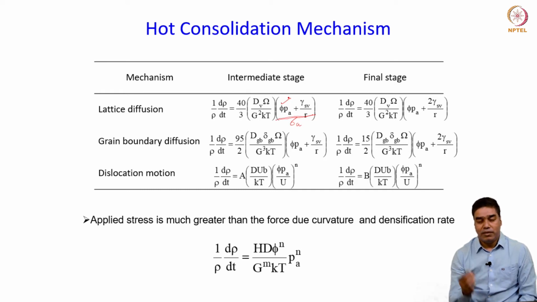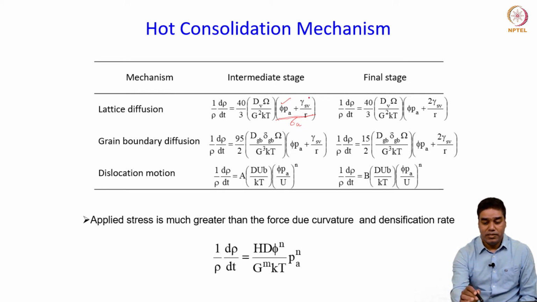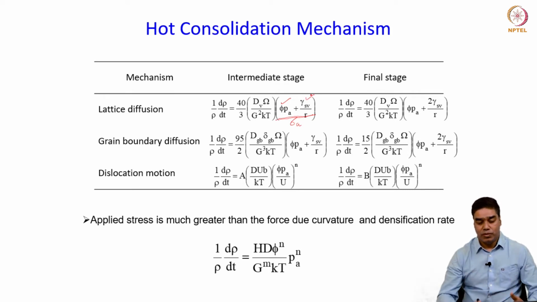And apart from that, we have also seen that the pores have a curvature, and due to that there is a stress which is given by this term gamma SB by R, okay? So when you combine these two, you have the effective driving force for the hot consolidation process, right? That is how the porosity has been taken into consideration when you replace the applied stress with the effective driving force, which takes into account both the applied pressure as well as the presence of the porosity.